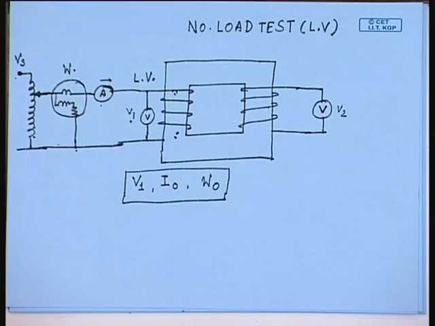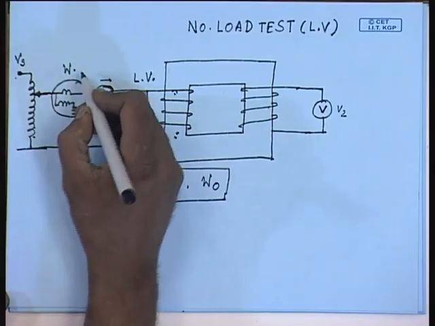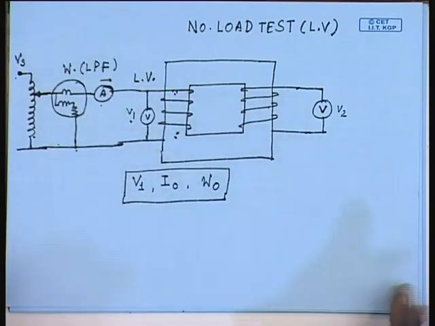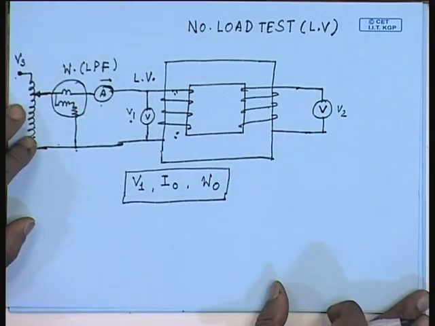Therefore, the current rating of the current coil of the wattmeter should be low. Not only that, at no load the transformer power factor is very poor, it is almost 0. So, one must use a low power factor wattmeter, LPF wattmeter, to get reliable readings.